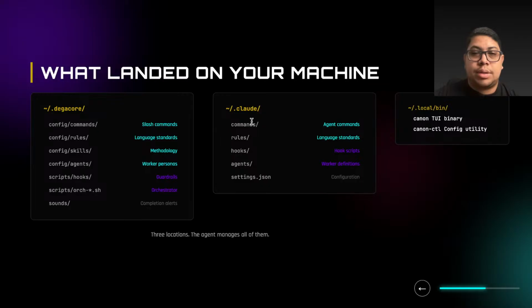So this is command rules, hooks, agents, and settings. And finally, the Canon tool is installed in local bin, right? At that location, we have the Canon, and we have the Canon CTL, which is the utility that Claude is going to use to control the user interface.